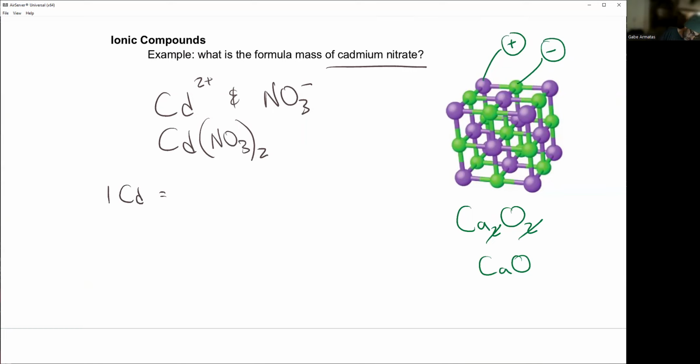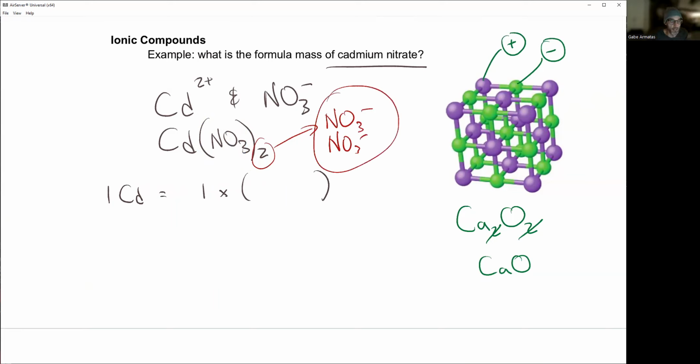So that is equal to 1 times the mass of cadmium. I have a total of, so this parenthesis right here means that this subscript is going to multiply everything inside of it. So I have 2 nitrates. So another way of looking at this 2 is basically to say, all right, I have 1, 2 NO3s. That's what that 2 is representing.